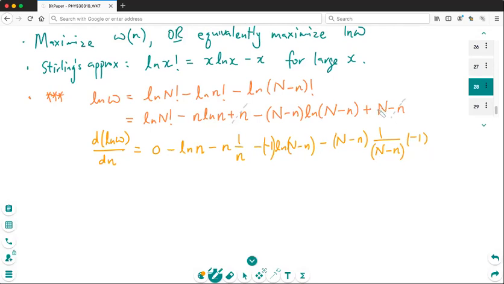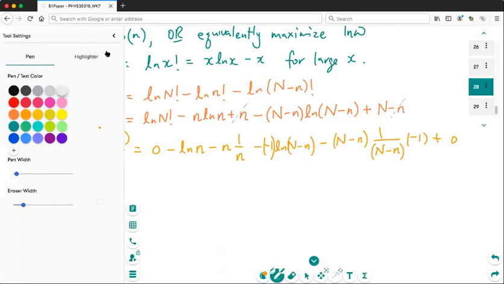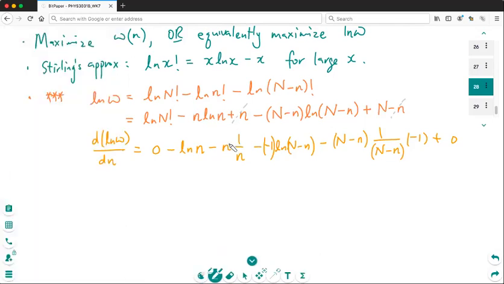Okay, and then this big N is gone. So let me put this in for you. So here you have this is minus 1. This is minus 1, and this one is minus 1 and minus sign here. So this whole thing is plus 1. So they cancel. So this one cancels this whole thing here.